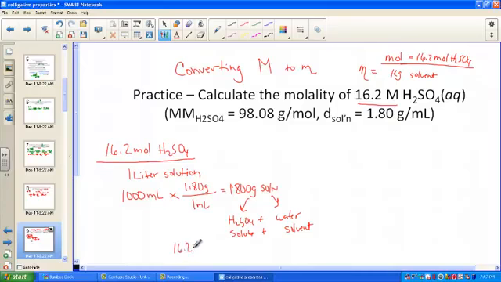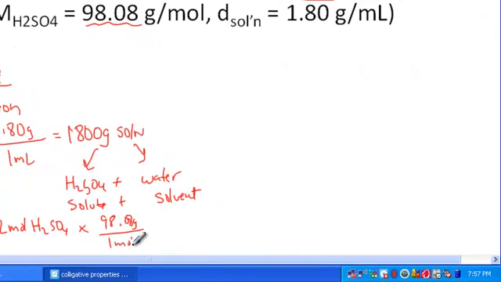In other words, we have 16.2 moles already of the acid in there, H2SO4. I can use my little molar mass conversion and say, well, 98.08 grams is the mass of 1 mole. Moles cancel and we've converted to grams.